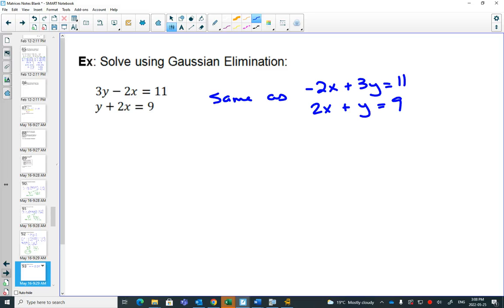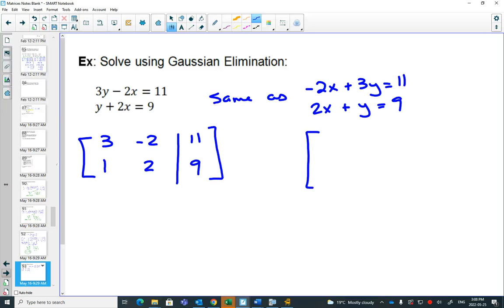Question. Do I have to write the x's first? Okay. If I solved this, is it not the same thing as this?